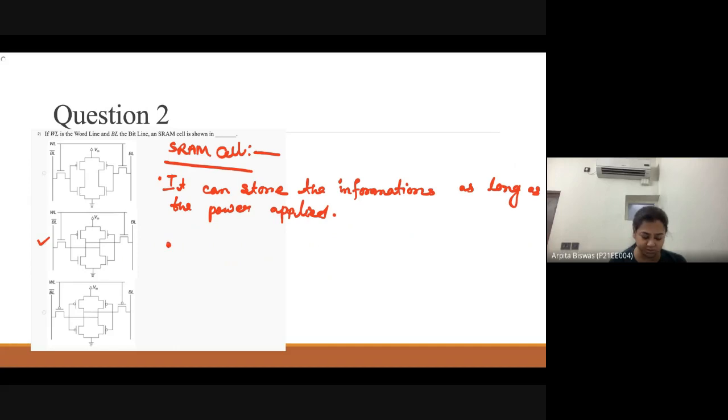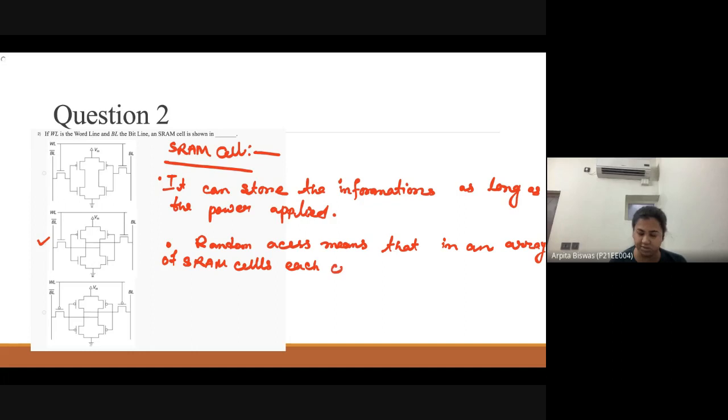The second point is random access, which means that in an array of SRAM cells, each cell can be read or written in any order.